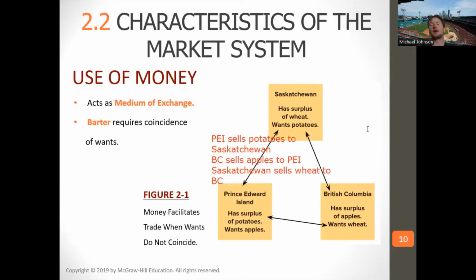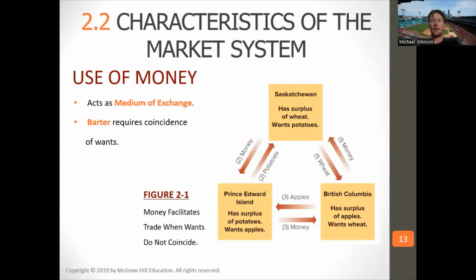They trade based on what the other has in surplus and what the other wants. So Saskatchewan sends wheat to BC, and BC sends money to Saskatchewan. PEI sends money to BC for apples, and then PEI sends potatoes to Saskatchewan in exchange for money.